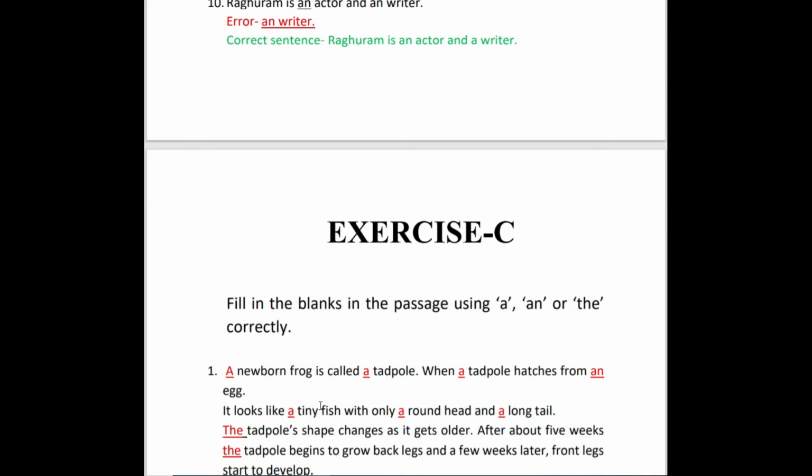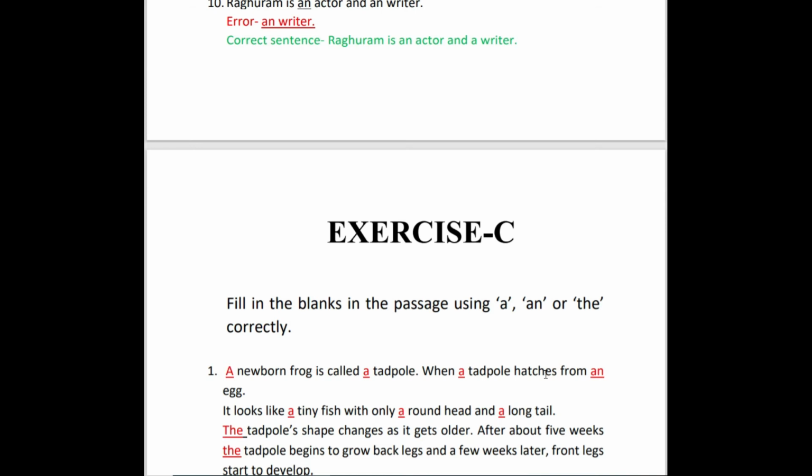Number 1, it's a paragraph, so we will be writing it in sentences, and I have split the whole paragraph into sentences, so you can easily correct the answers with your book. Let's see number 1. Dash newborn frog. A newborn frog is called a tadpole, right?